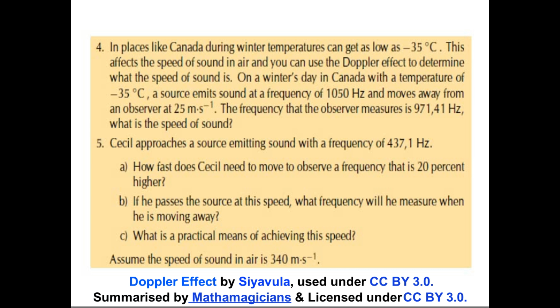Okay, well, how we can determine this is we're looking for V, just V alone. So what they gave us in the question is that the speed of the sound source was 25 meters per second, and it's moving away, so that's a positive 25.